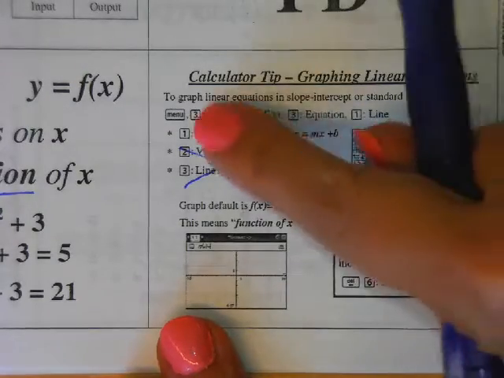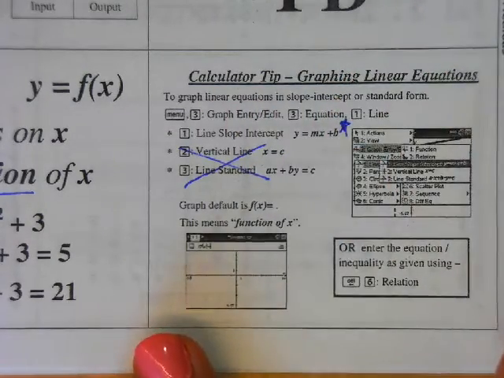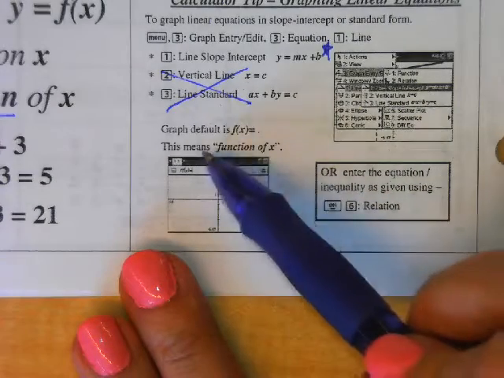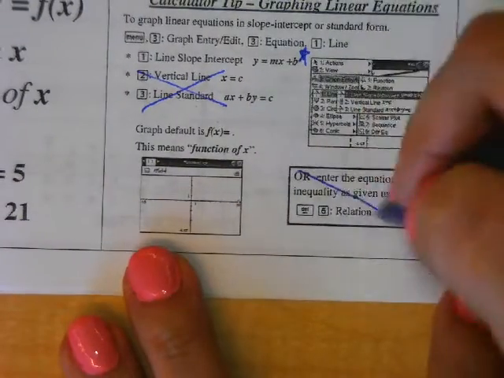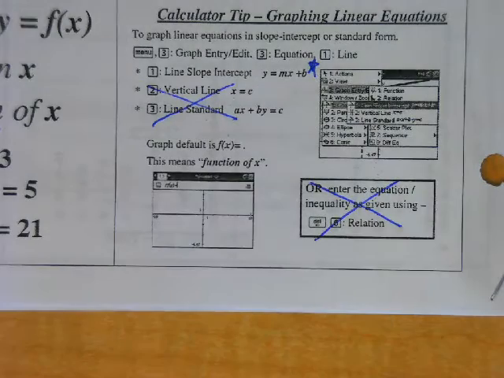If you just open up your graph, it's automatically going to be a y equals because it's f of x. Default is f of x, meaning function of x. We could do an inequality, unfortunately, we can't do that anymore. So keep in mind you can graph your equations. Does anyone have any questions on these little pieces of information?